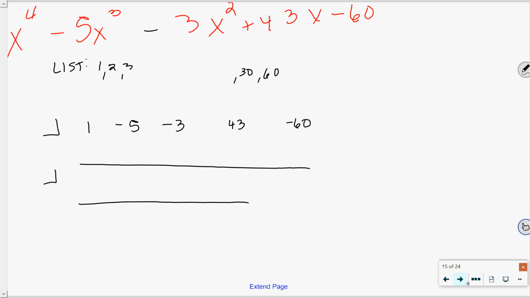Does 3 go into it? 3 and 20. Then 4 and 15. You know you're almost done because the numbers are getting closer and closer. Right? So then what? 5 and 12, and then one more, 6 and 10.